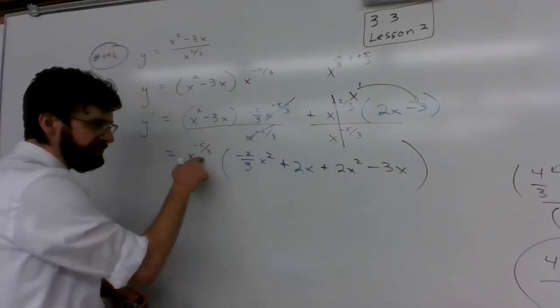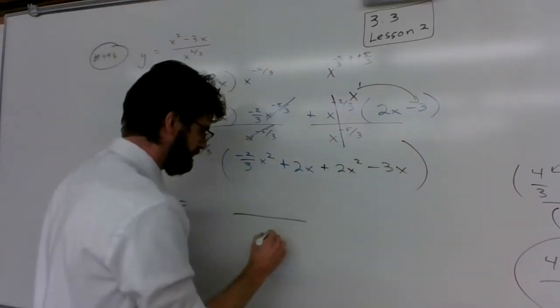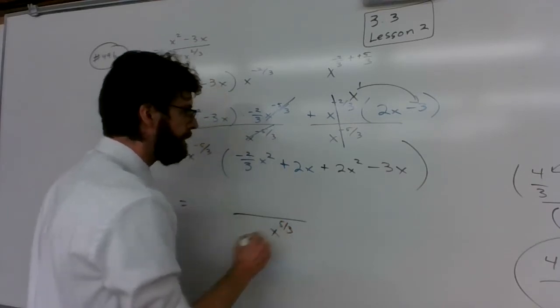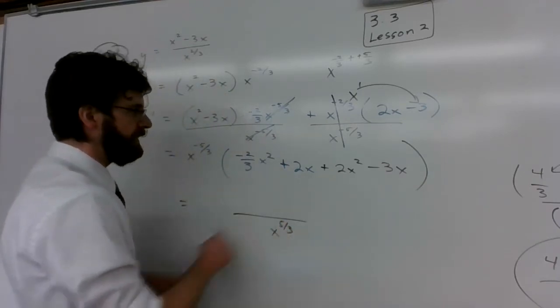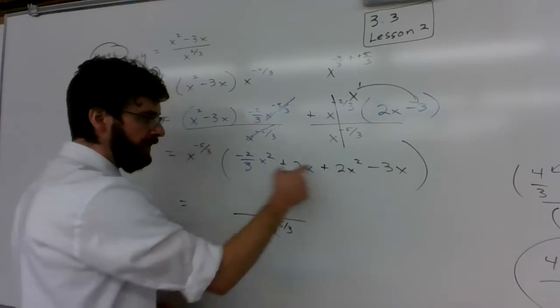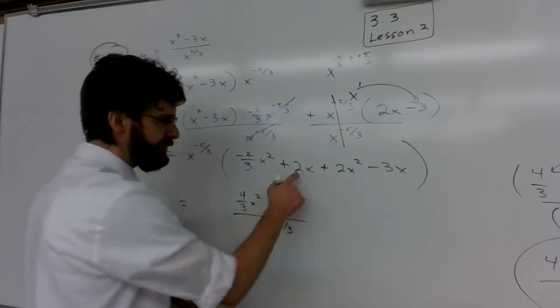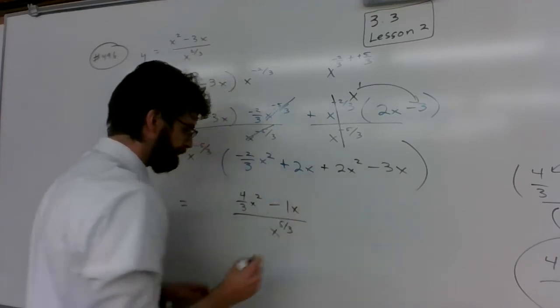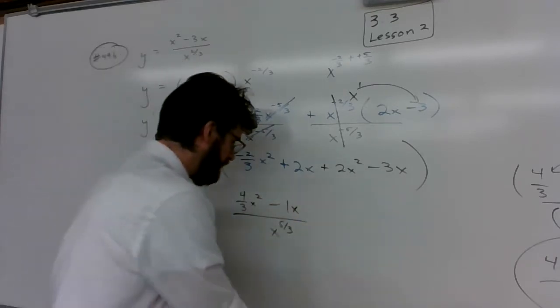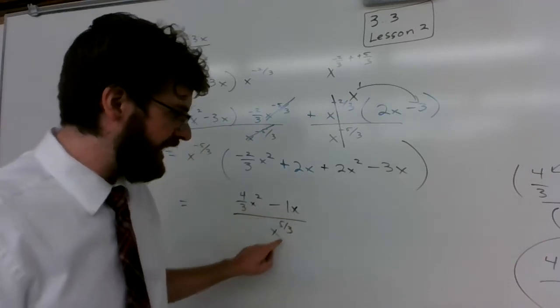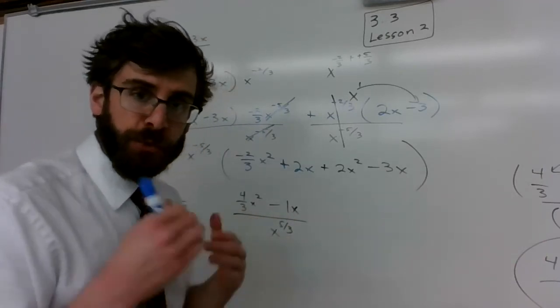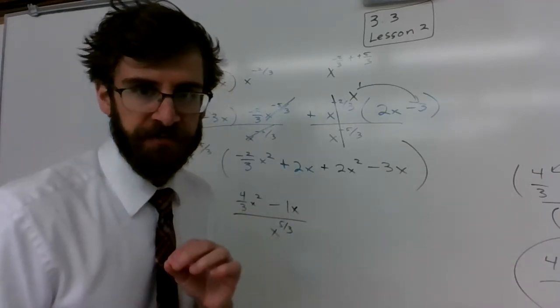So we can move this to the denominator of the fraction. This would become 1 1/3 or 4/3 x squared. And this will be minus 1x. Now if you notice, everybody seems to have some power of x. You can divide out the smallest of these three.